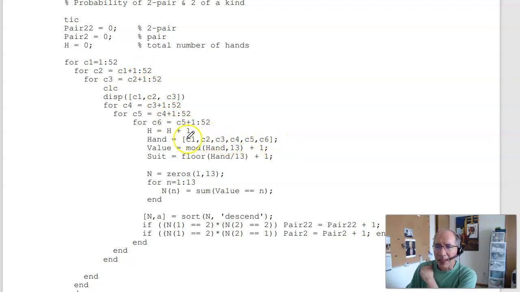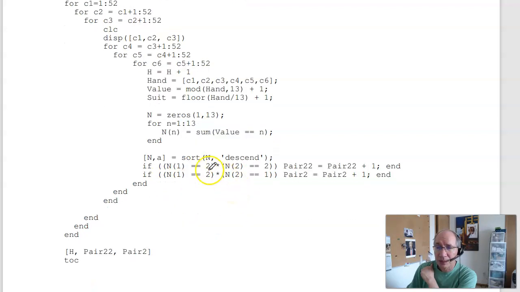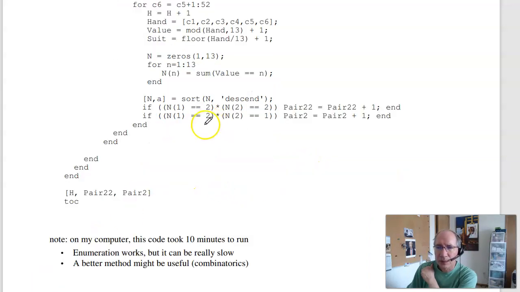My hand is then these 6 cards. Find the value of each card, find the suit for each card, find the frequency, and then count. If the most frequent card was 2 of a kind and the second most frequent is 2 of a kind, I've got 2 pair. If the most frequent card is 2 of a kind and the second most frequent is 1 of a kind, then I have a pair. That's problem 8.